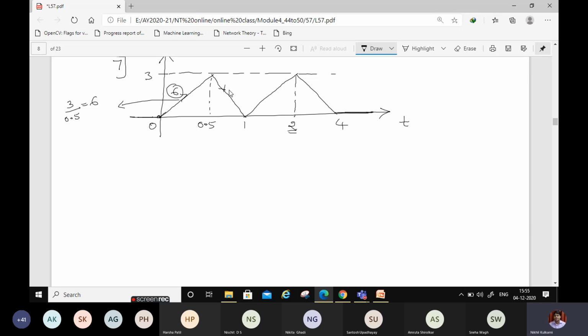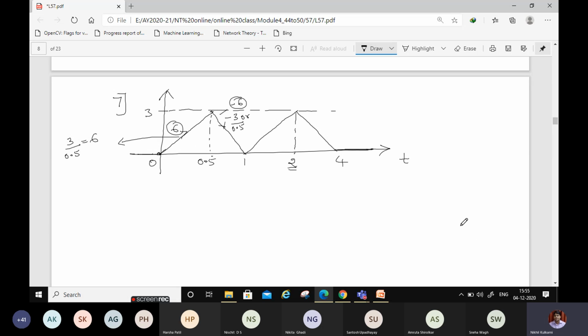And here, how much will be the slope? Delta y is 3 only. So 1 minus 0.5 is again 0.5. I am doing it directly, or you can check the other method I told you previously. Since it is going down, you can write minus 3 by 0.5, so the slope is minus 6.